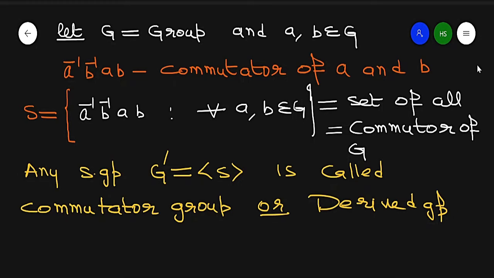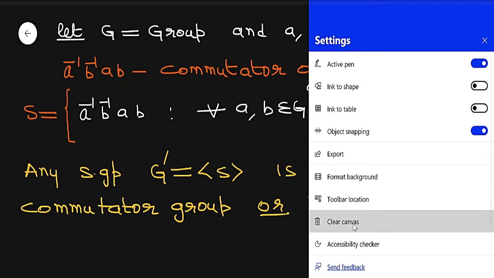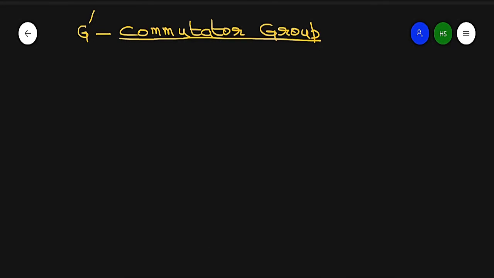Now we check the elements of the commutator group. G dash is the commutator group of G. We know that if a commutator belongs to S, then its inverse is also a commutator.